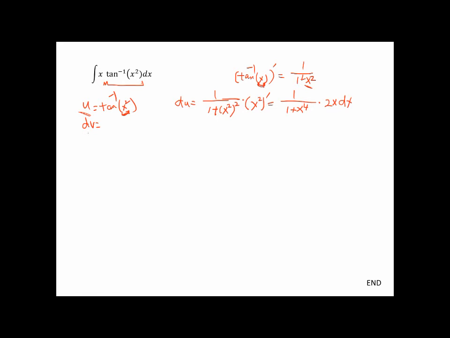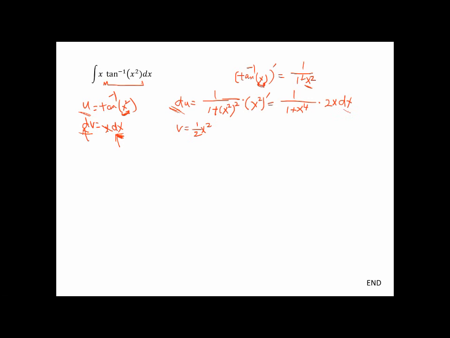So what is left here for dv? x dx, right? So v is 1/2 x squared. We have to be careful. Don't forget this dx. It always comes with dv, because a derivative function always follows a derivative function. Here is the same thing.